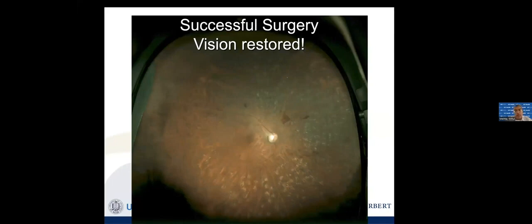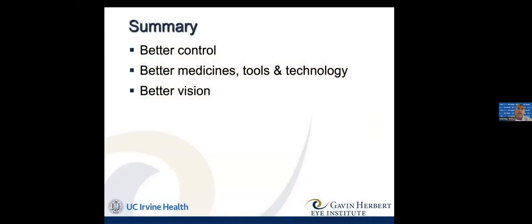Technology is very wonderful. We're able to do a lot to help people in ways we weren't able to when I started my career. So I'm very thankful for that. But most importantly, we have better control of the blood sugar now.